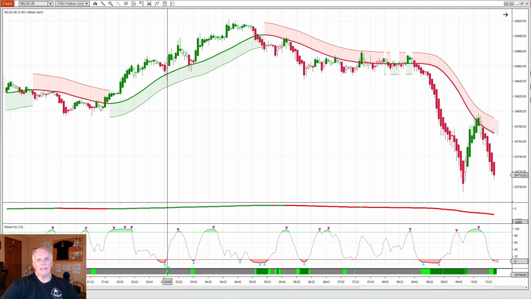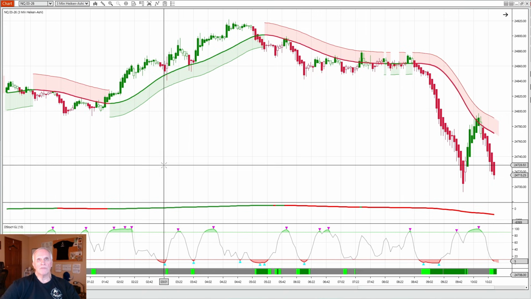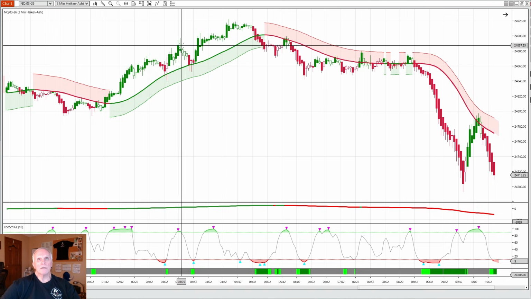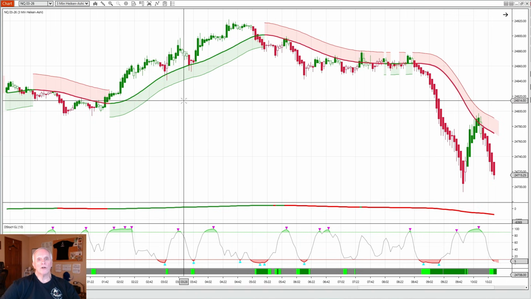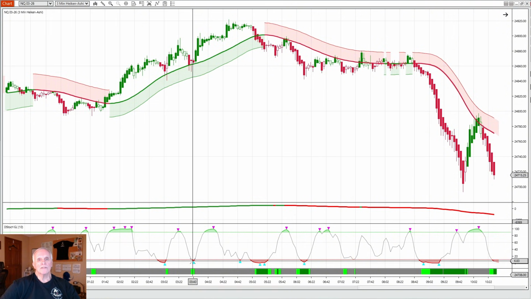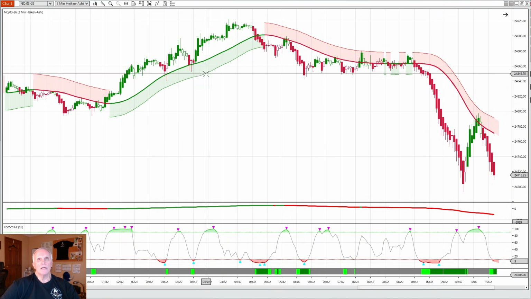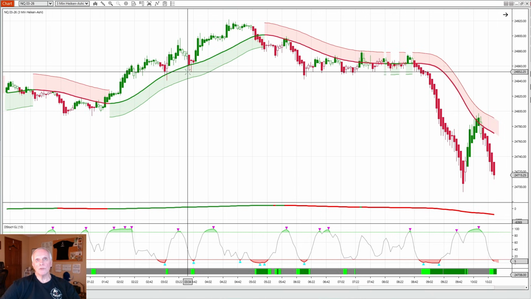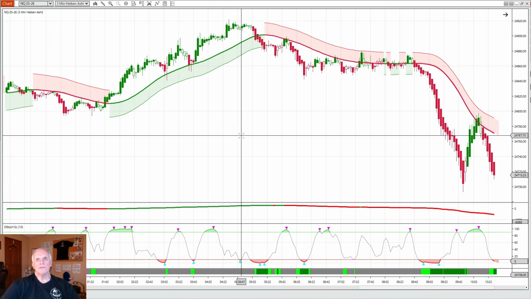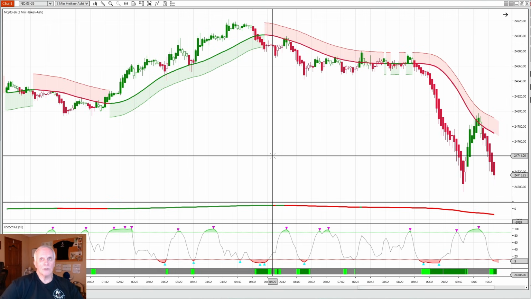Stochastics is telling us it's ready. And look, there's the bottom picker right there telling us potential trade location. If you miss that, it rolls up, comes back down. Red bars telling us to get ready. Stochastics below the threshold, and there's the bottom picker telling us good trade location. Again, it's up to you to figure out how to skin the cat on entries. That's not what we're talking about here.